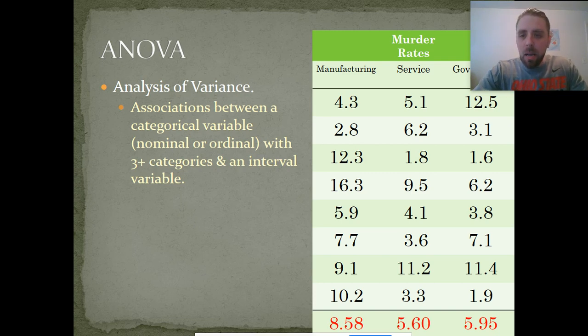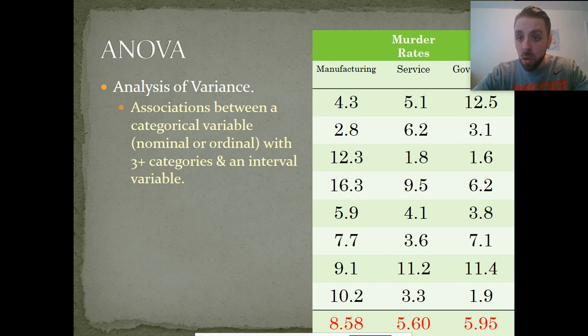So let's take a look at the example that we have here. This is the example we're going to spend the next 2 days working through. Let's say I have a hypothesis that homicide rates differ across the core economic base of a city. So let's look at the table here.